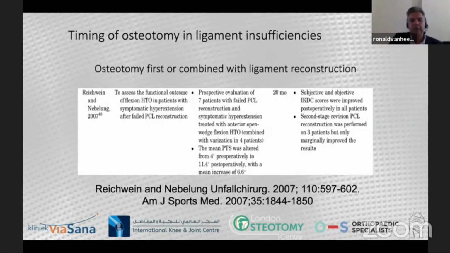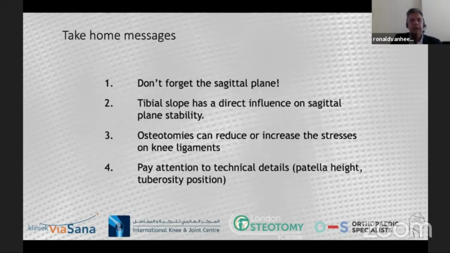It's been proven that osteotomies need to go first or go in combination with ligament reconstructions if ligaments fail. So consider doing osteotomies first before you do your ligament reconstruction, or combine. Because, and I state it again and again, the bone wins. Your ligament will fail. If you still have a high slope, your ACL reconstruction will fail. So please think about that.